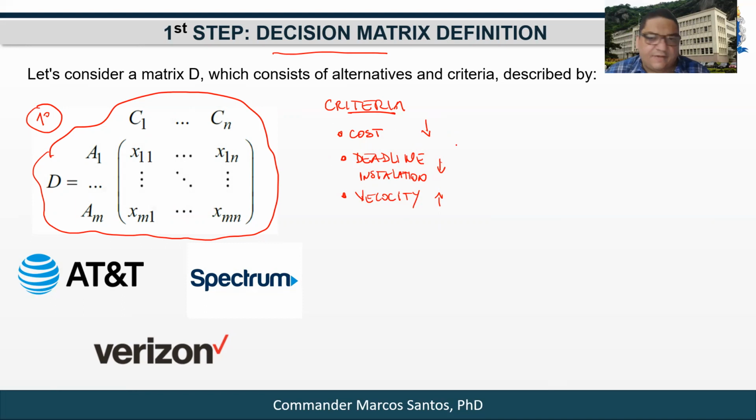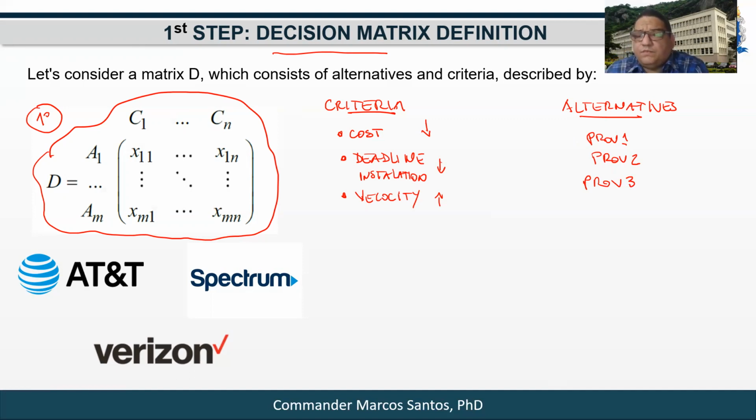And we have, for example, 3 alternatives. For instance, provider 1, provider 2, and provider 3.